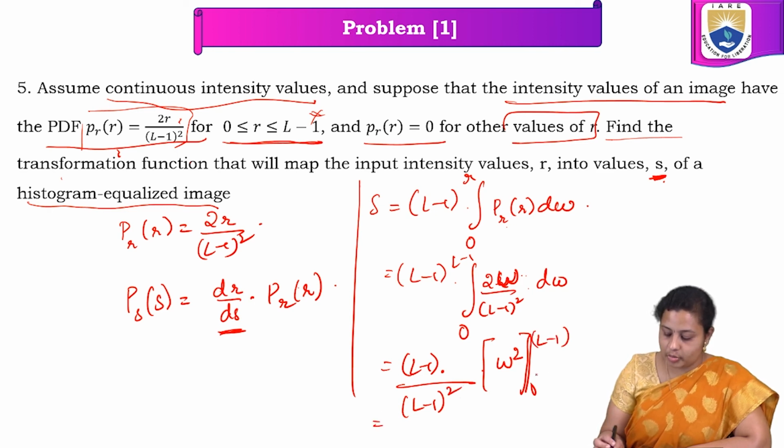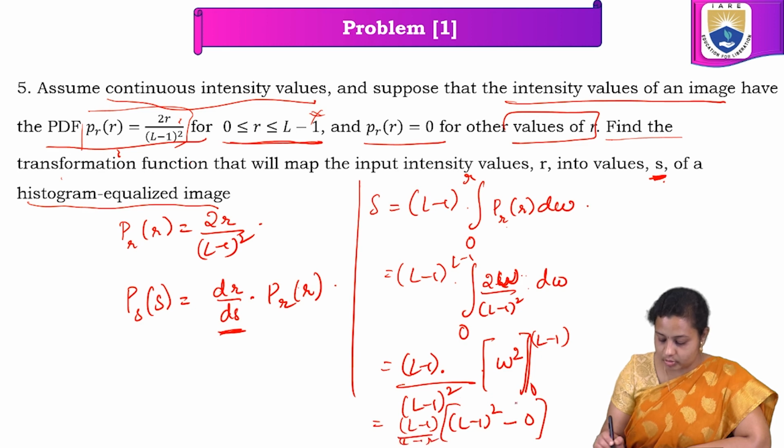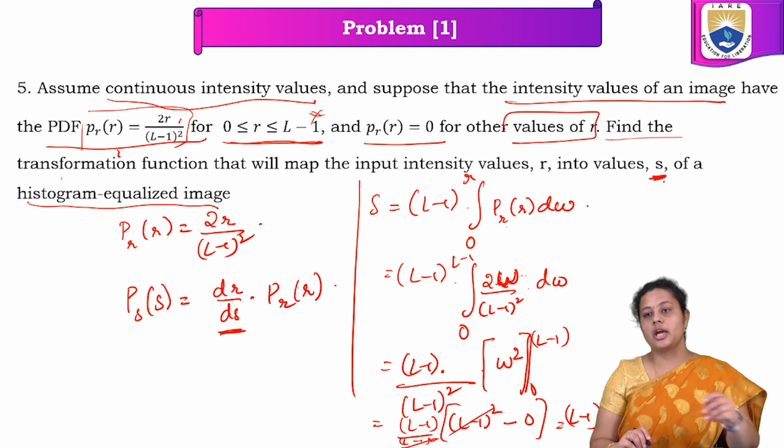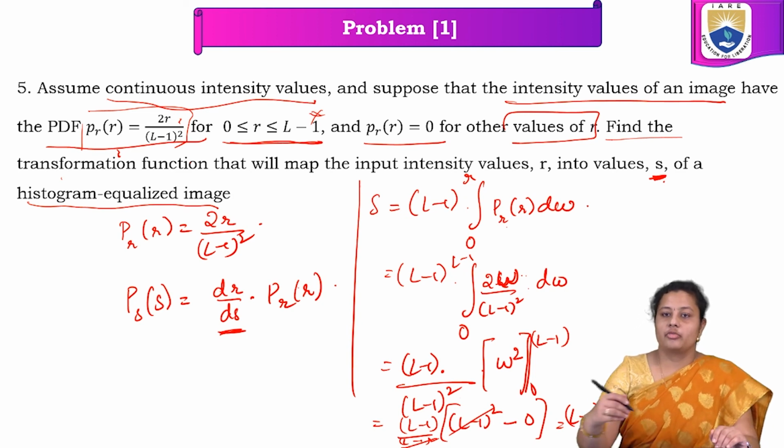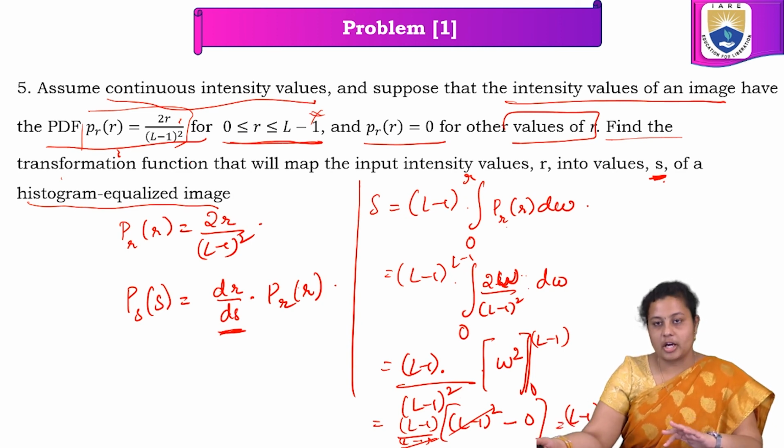So from here, what do I get? (L-1) times r squared over (L-1)^2. So I get my s value, and from this I can calculate my dr/ds.